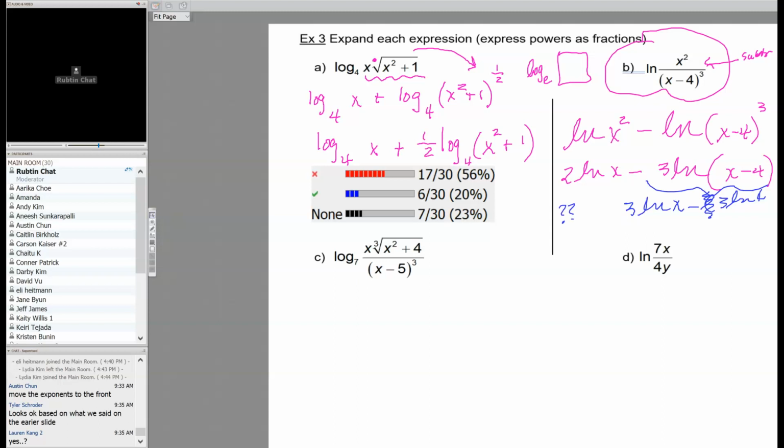So 56% of you said no, and 56% of you are correct. You cannot do this. So that is a big N-O-O-O-O-O. Don't do that. So notice, and Tyler, you had a good observation. It kind of looks like the same thing. Well, here, what is inside the logarithm, we call that the argument, that is added. But that is not the same as this.